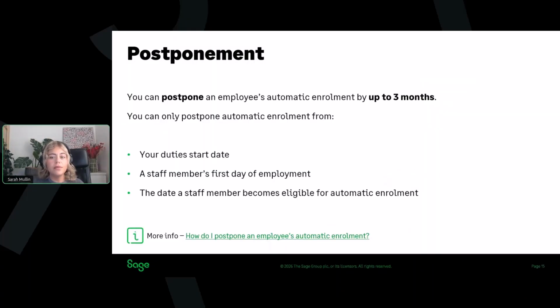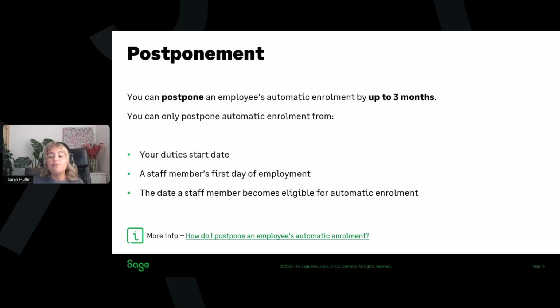So postponement. Now, you can postpone an employee's automatic enrolment by up to 3 months maximum. But it is only in some situations, so either from your duty start date as an employer, from a new starter's first day of employment, or from the day that the employee becomes eligible.